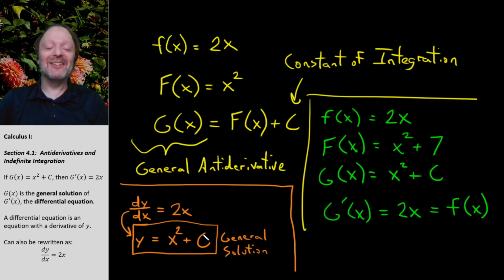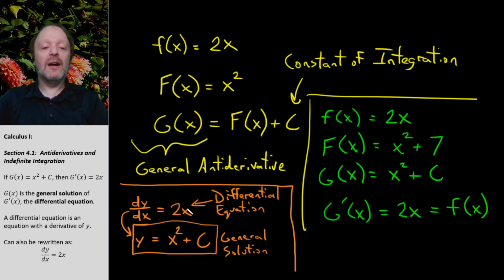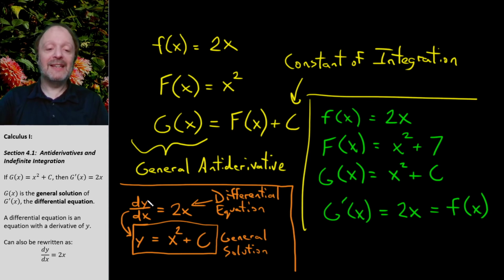the inverse of that. So this is called a differential equation. So this dy/dx equals 2x, that is a differential equation. Why is it called a differential equation? Because it has a derivative in it. It is an equation that has a derivative, and it's a derivative of y.